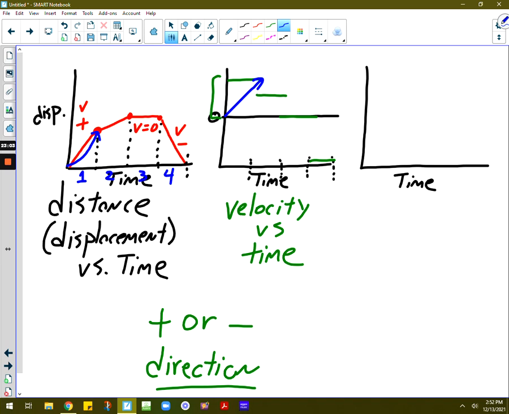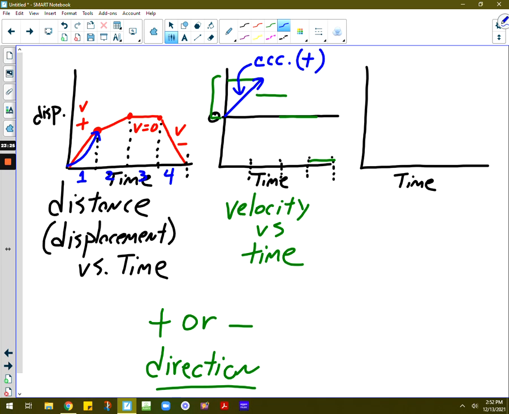If you've got a straight line like this, you have no acceleration. All of these are at a constant v. When you've got an upward slope, that is acceleration happening. And in fact, this is going to be positive acceleration because it's increasing the velocity in the positive direction.